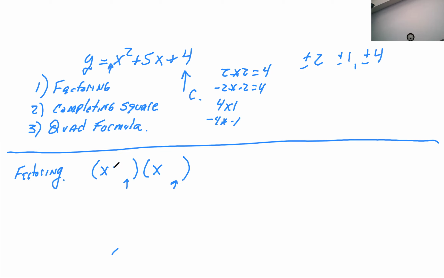So in this scenario, we would have a +1 here and a +4 here. And so you could see that 1 times 4 is 4, and then 4x plus 1x gives us 5x. So again, that's the strategy that I use.